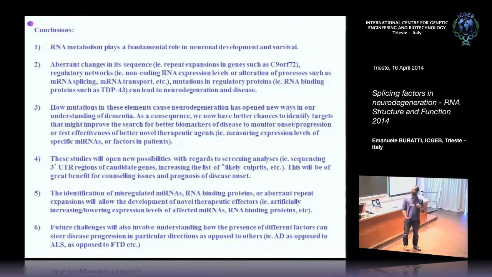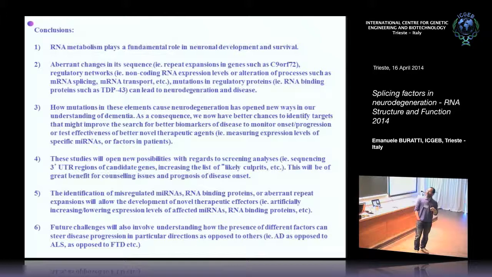So first of all, you can conclude that not just TDP-43 is involved; there are other splicing factors involved. RNA metabolism, which was very often overlooked in the neurodegenerative field, is now becoming one of the fundamental players in understanding why people develop ALS or FTD.